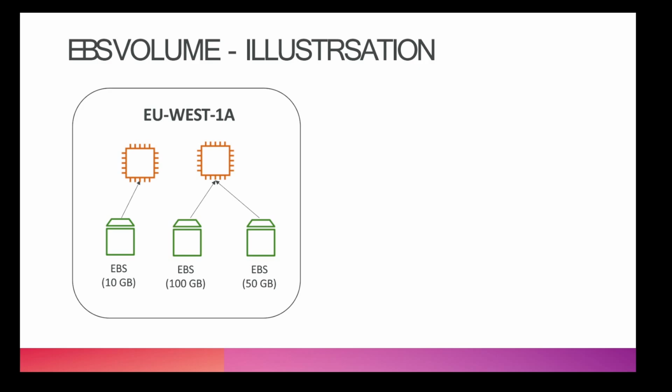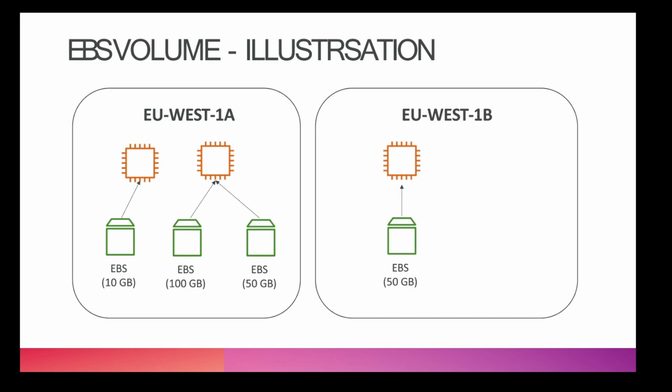Moving on to availability zones, it's important to highlight that EBS volumes are tied to specific availability zones. Our previous examples have been based on US East 1A. If you desire additional EBS volumes in a different availability zone, you would need to create those separately in the new zone.